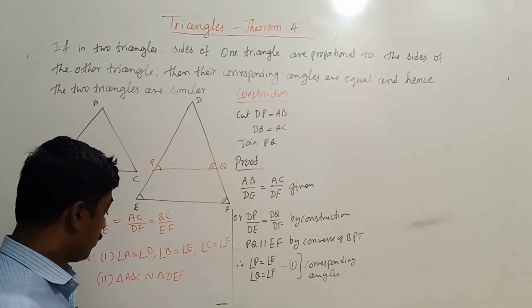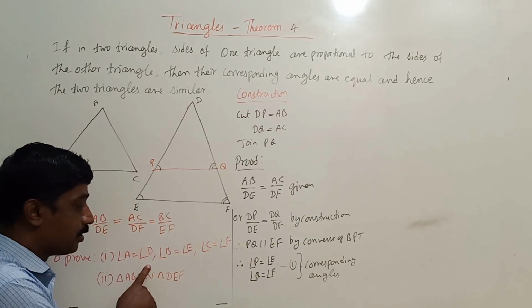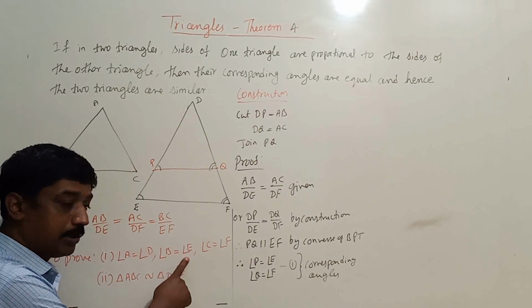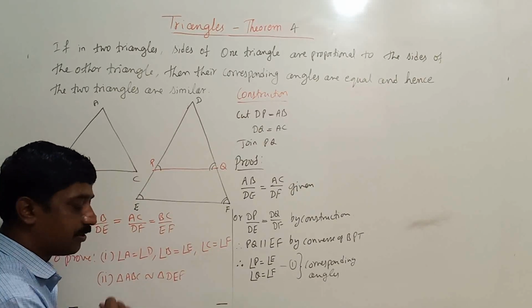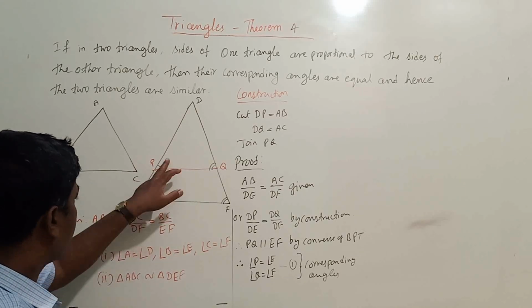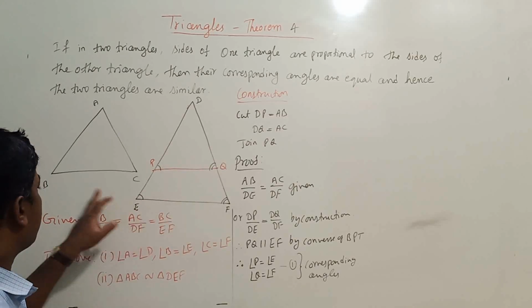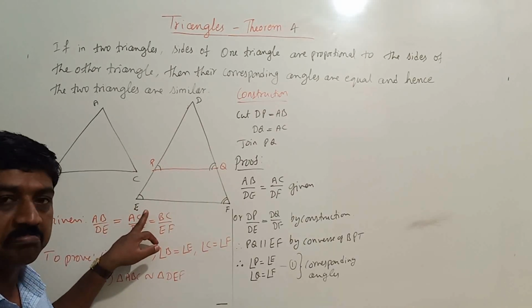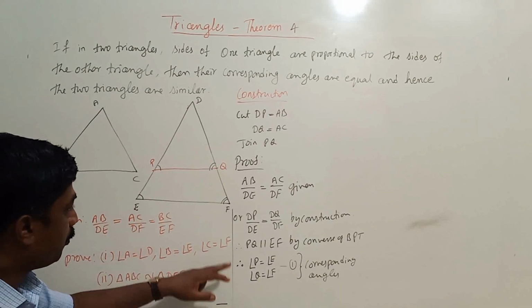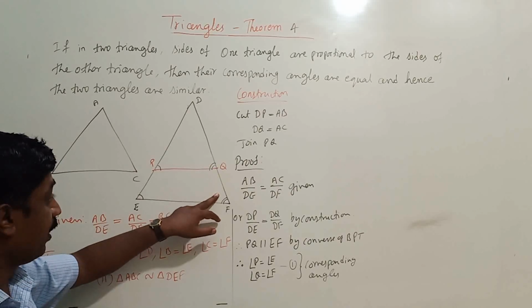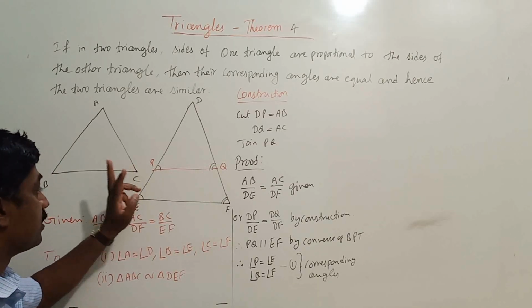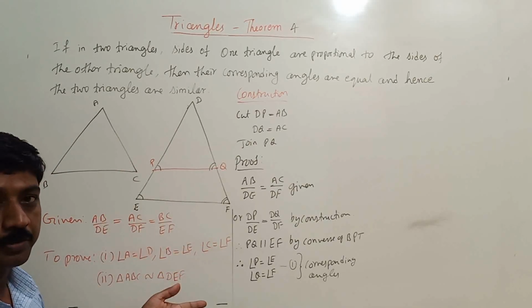Now, check here. What I need to prove? A is equal to D, B is equal to E, C is equal to F. So I proved that P is equal to E. If I prove that B is equal to P, then B is going to be equal to E. Simple. I proved that Q is equal to F. If I prove that Q is equal to C, then C is equal to F. Proved.